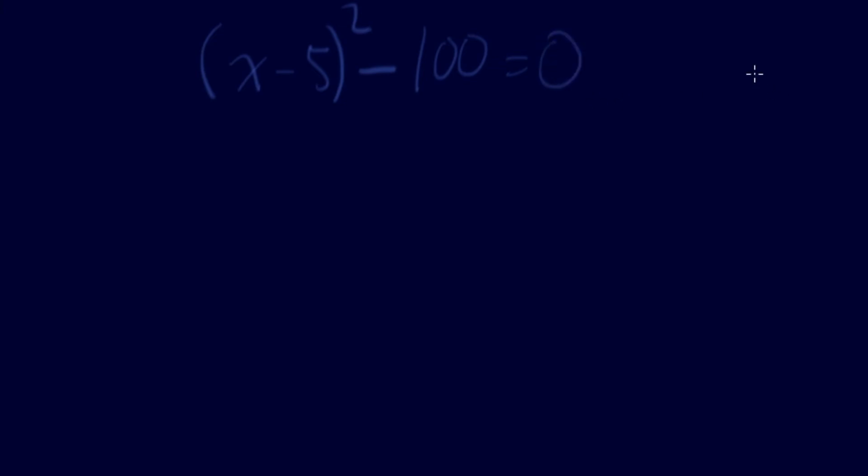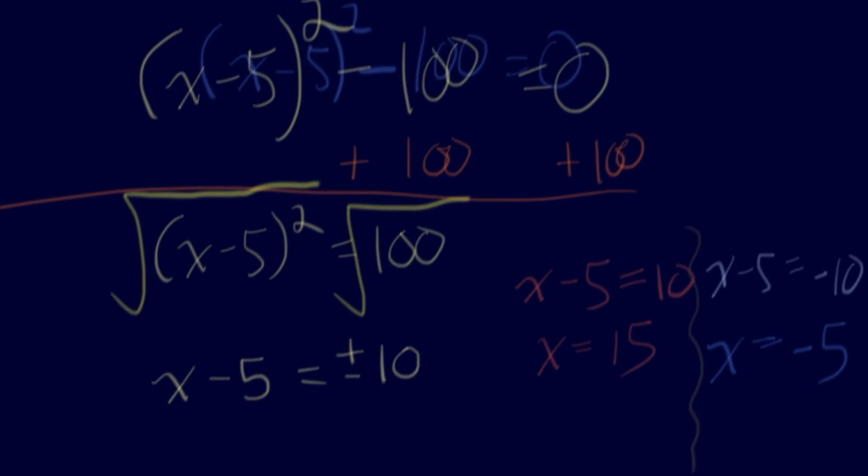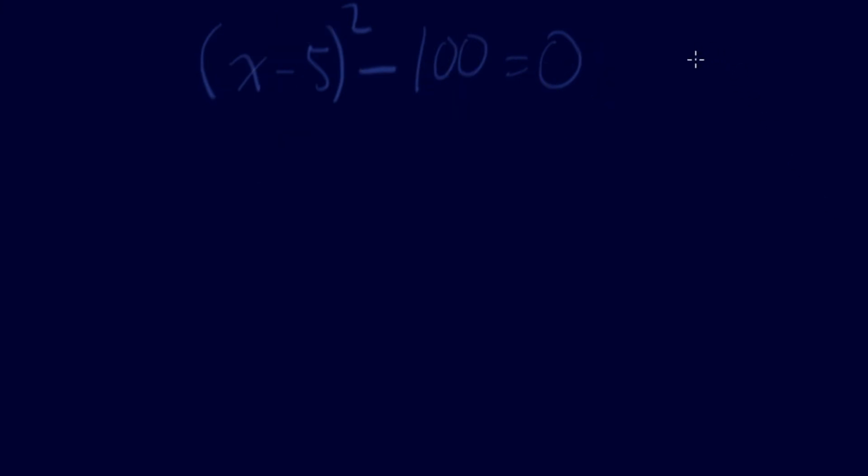And I believe we said the answer was 15 or negative 5. So I'm going to try putting 15 and negative 5 in here. So let's try the very first one. I'm going to put that 15 right there, and I'm going to go minus 5, basically all squared, minus 100.